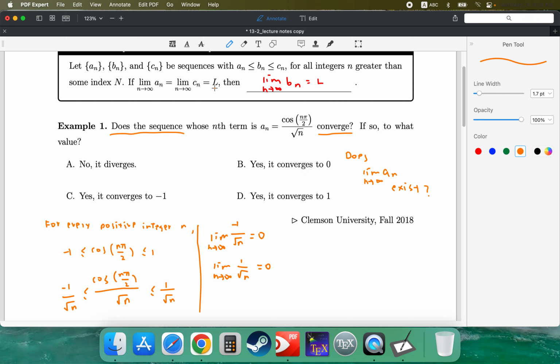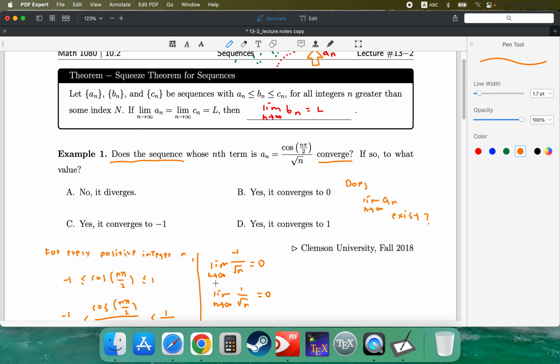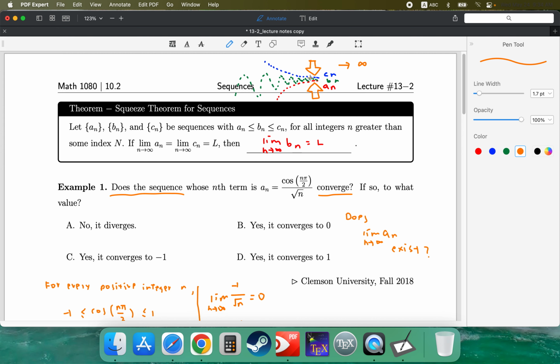They have the same value. That means the limit of the middle sequence. Again, right here we don't really care how the middle sequence behaves. I just need to make sure that all these green dots will be between the blue dots and the red dots eventually.